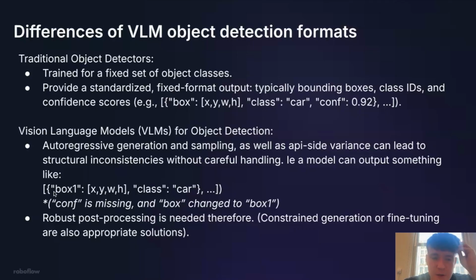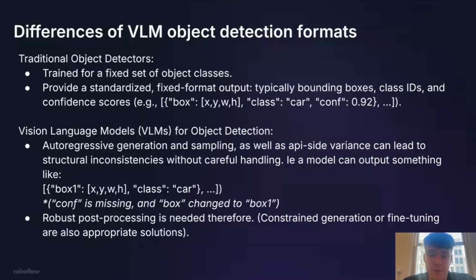For example, here if you compare box one and this second bullet point, you would see the confidence is missing here. And then box switched to box one. These are real examples that I was seeing when we were trying to benchmark the VLMs on RF100-VL. Sometimes it's just not consistent with this generation.